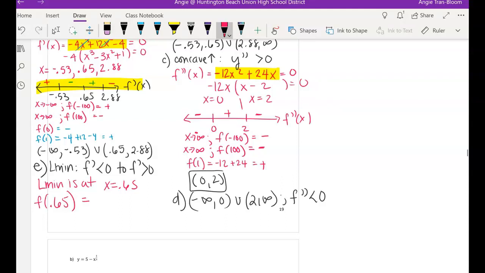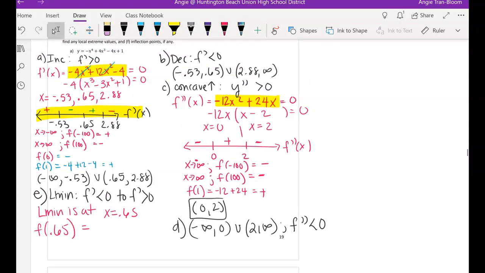You should do the same thing to make sure that we're doing the same, check my math. All right, negative x to the fourth, so that means I need to plug in 0.65, and then plus 4 times 0.65 to the third, minus 4 times 0.65, then plus 1.